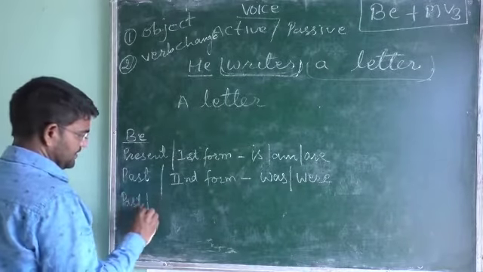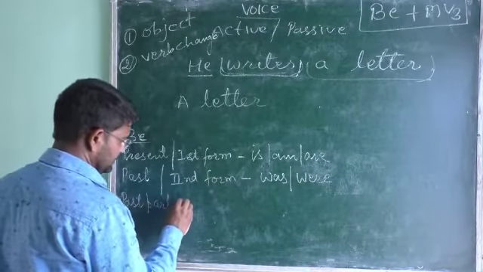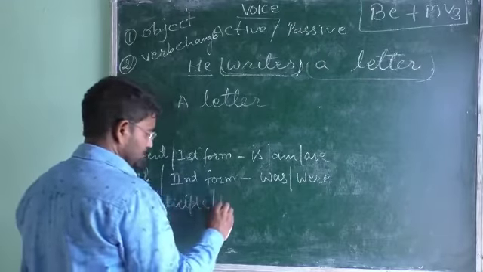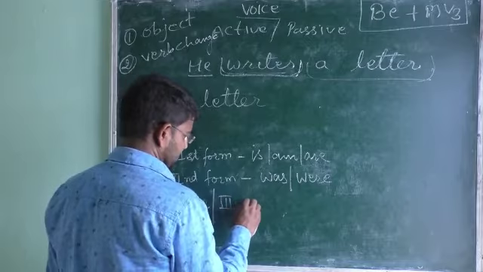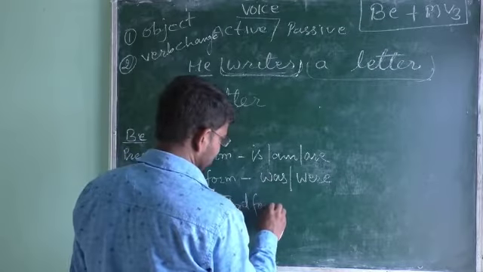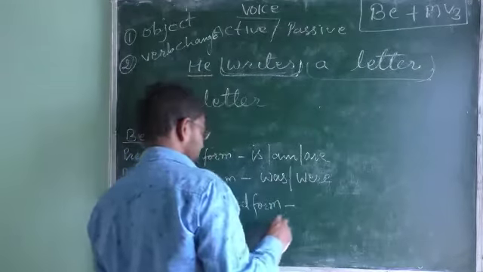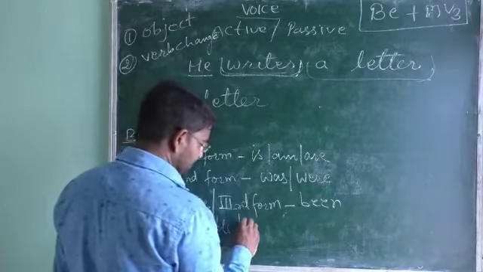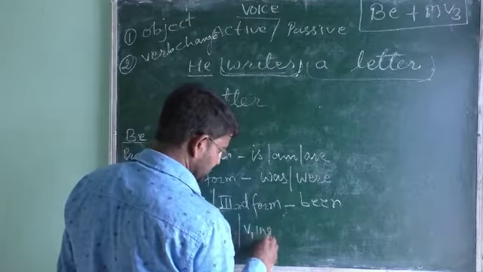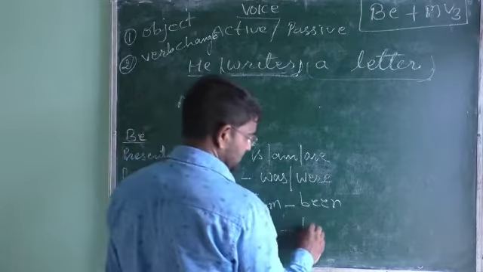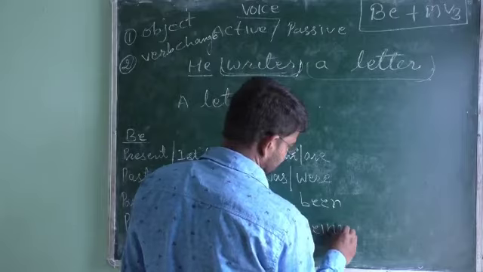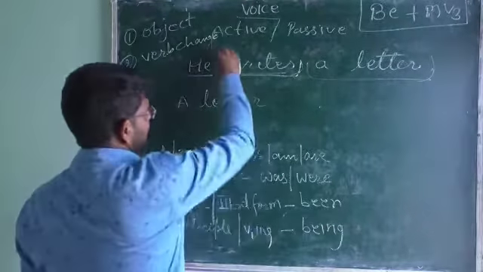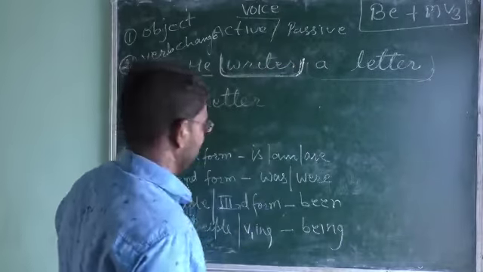Past participle and third form of be: been. Present participle and ing form: being. These are the forms of be, and here this is present tense.